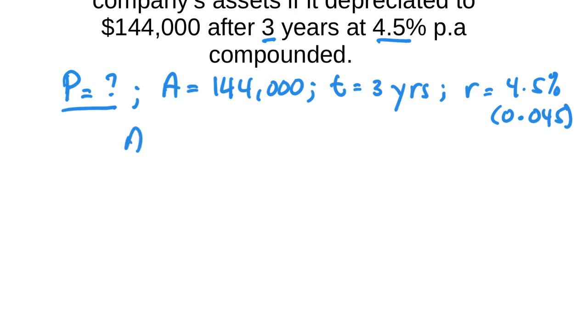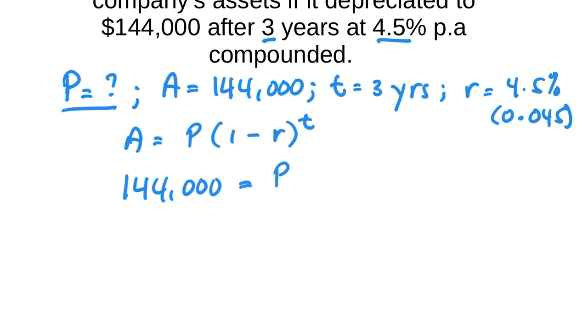Okay, so let's find the principal now. A is equal to P(1 - R)^T. Our A here is 144,000. This is equal to P times (1 - 0.045) raised to 3. So we're going to simplify this one first.